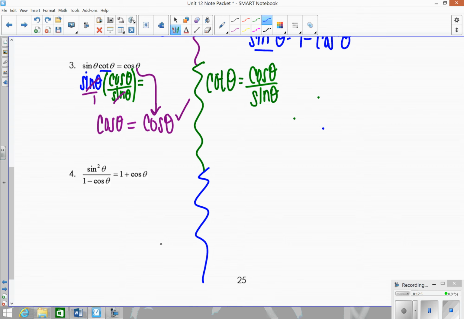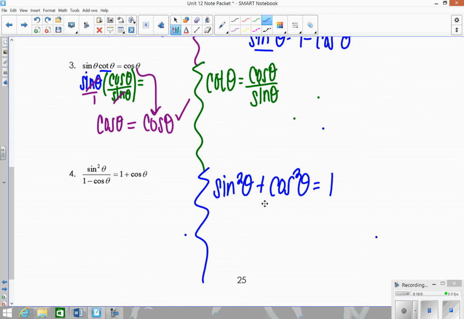So for this one, I see a sine squared. Right away, as soon as I see a sine squared or cosine squared, I think about that Pythagorean identity, and how can I use that. When I look at this, everything else is in terms of cosine. So I have cosine and cosine and a sine squared. That tells me if I can rewrite that sine squared theta with cosines, I'll be in better shape.